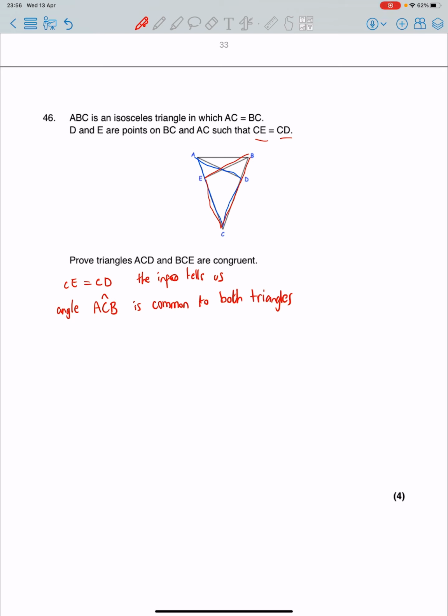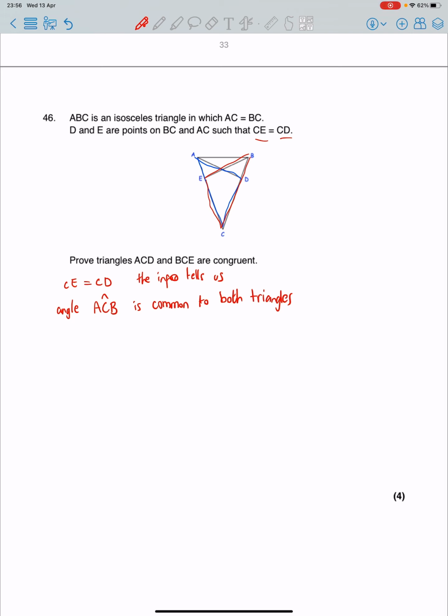And what else do we know? So we've got CE, we've got CD, angle ACB being common. What else have we been told?